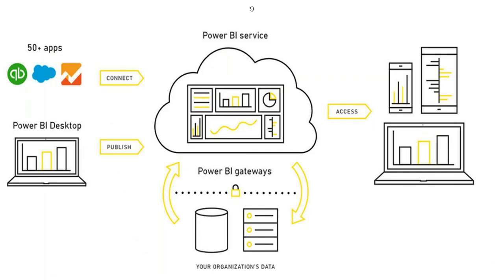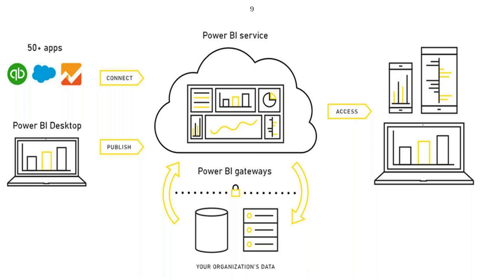From multiple sources, we can extract data and load it to Power BI Desktop. In Power BI Desktop, we are going to build the reports, or develop the visualizations, as we can call it another way. Once it is done, we can publish the reports to Power BI Service, and that can be accessible on your desktops or PCs, and in your mobiles or tabs as well. This is the basic representation.